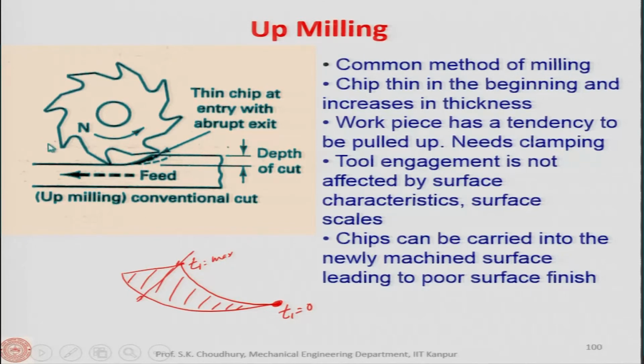Therefore, although up milling is used in practice for reasons I will tell you in down milling, there are also some disadvantages. It has a tendency to get pulled up, and if care is not taken, the chips can fall on the machined surface and spoil it.